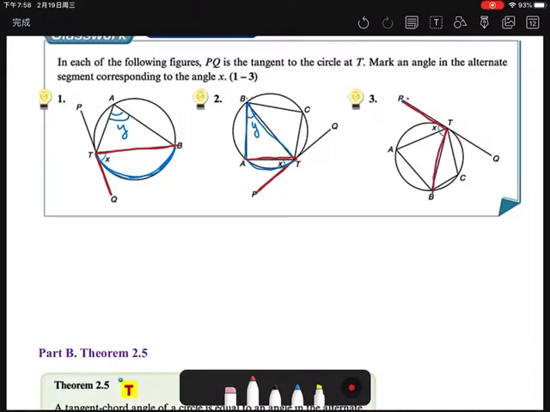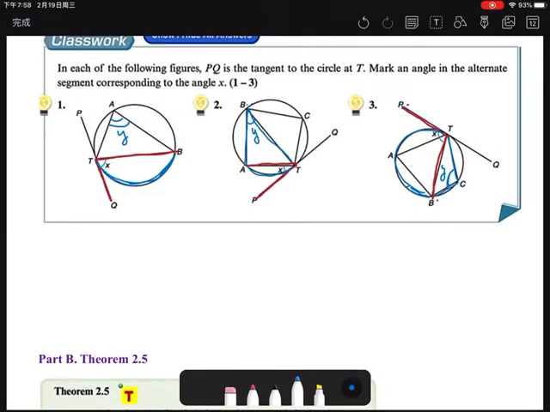And lastly, the tangent-chord angle is angle PTB, and inside it is arc TAB. Arc TAB subtends angle TCB, so angle TCB is the angle in alternate segment.